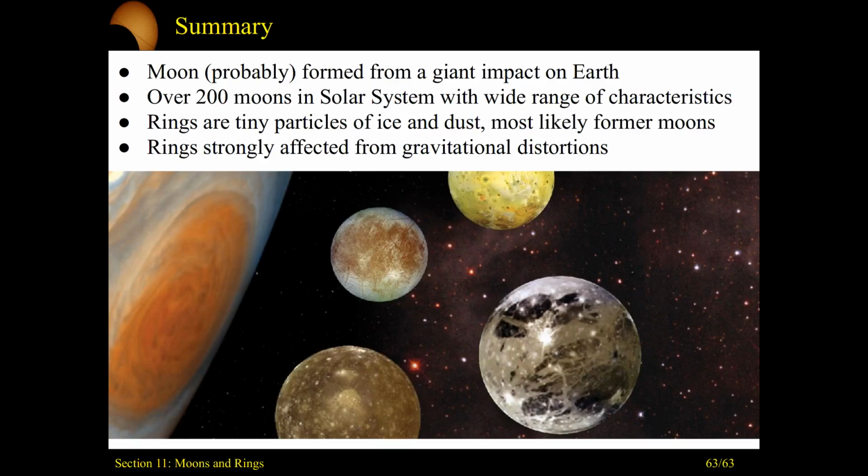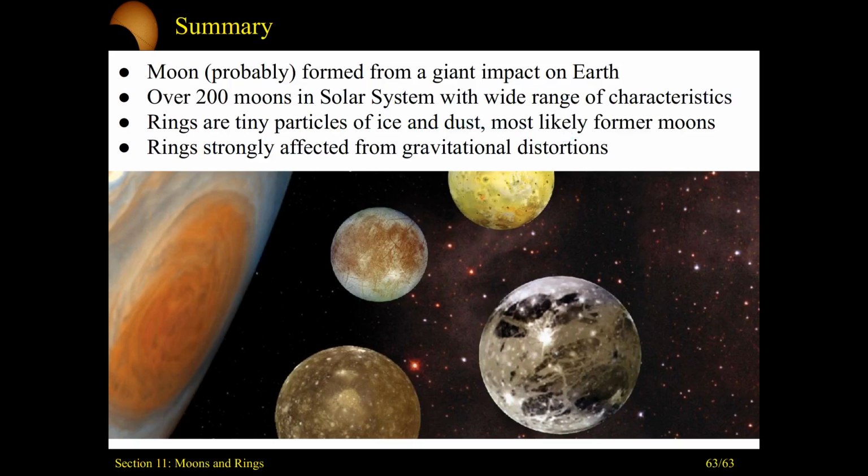Others are weird balls of rocks. We can almost think of them as asteroids that were captured by the planet. Heck, they're even rotating in the wrong direction. They have retrograde orbits around their planets. So we categorize moons as regular or irregular. The regulars being material that probably accreted around the same time as the planets, whereas the irregulars are most likely captured objects. And we definitely know an irregular moon when we see it rotating in the wrong direction.